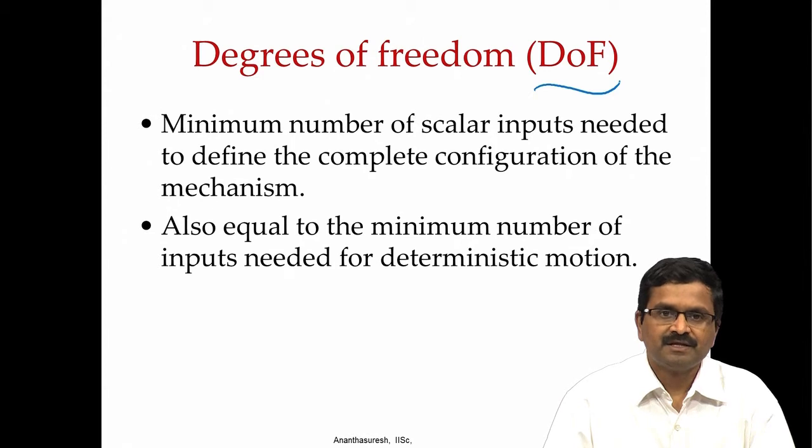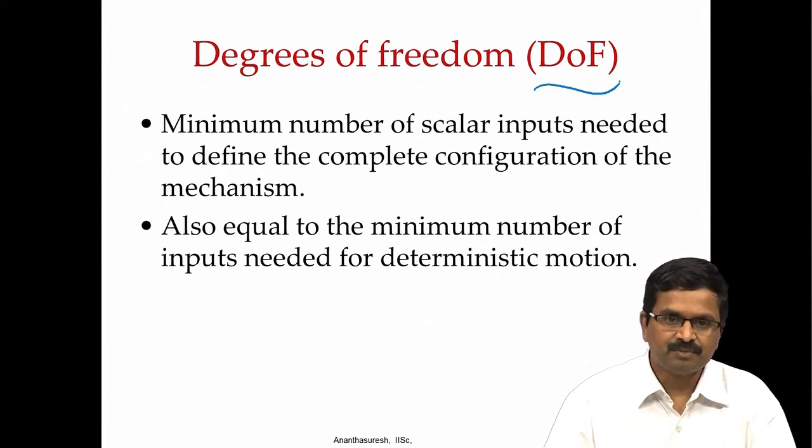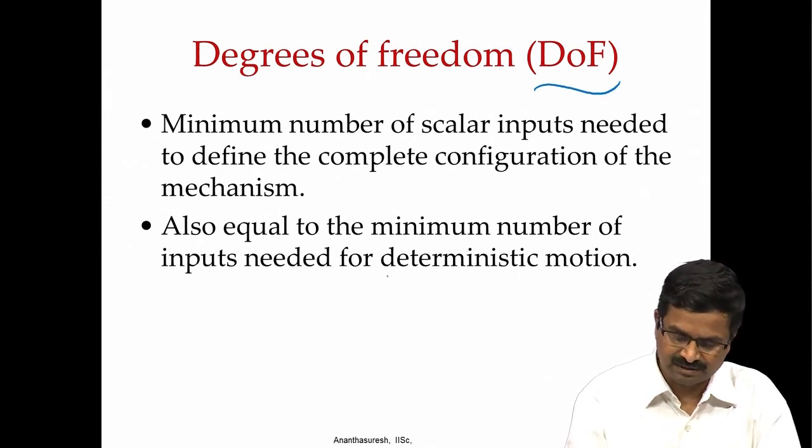DOF is the minimum number of scalar inputs needed to define the complete configuration of the mechanism. That is, these inputs can be thought of as actuation. So, degrees of freedom also gives you the minimum number of actuations or inputs needed for deterministic motion.